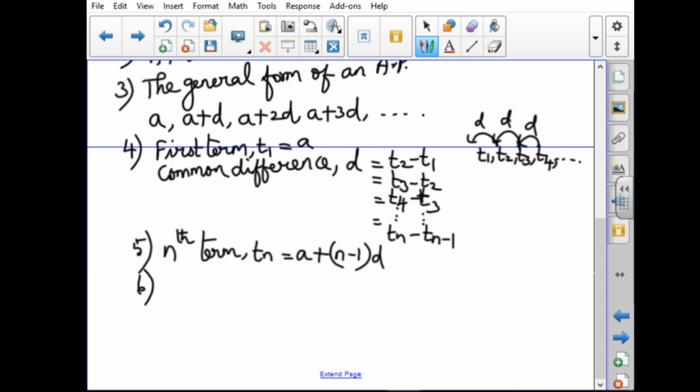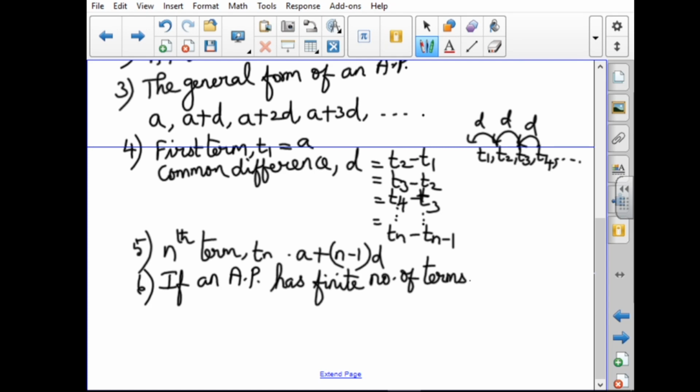Sixth one, if an AP has a finite number of terms, it is known as a finite arithmetic progression.